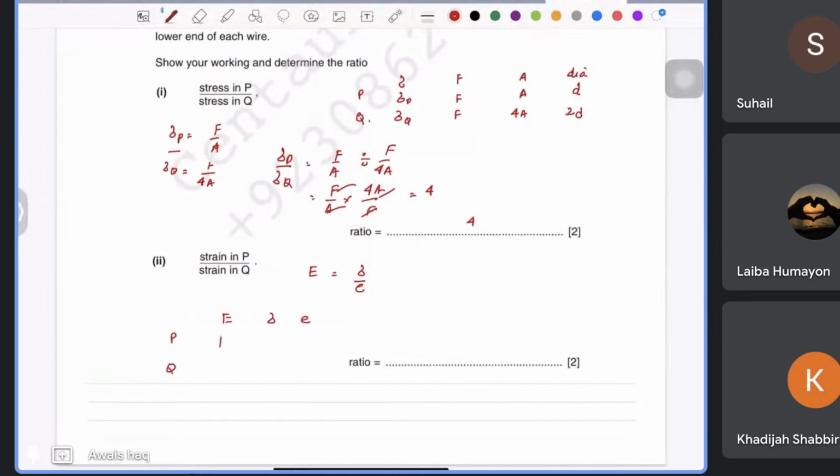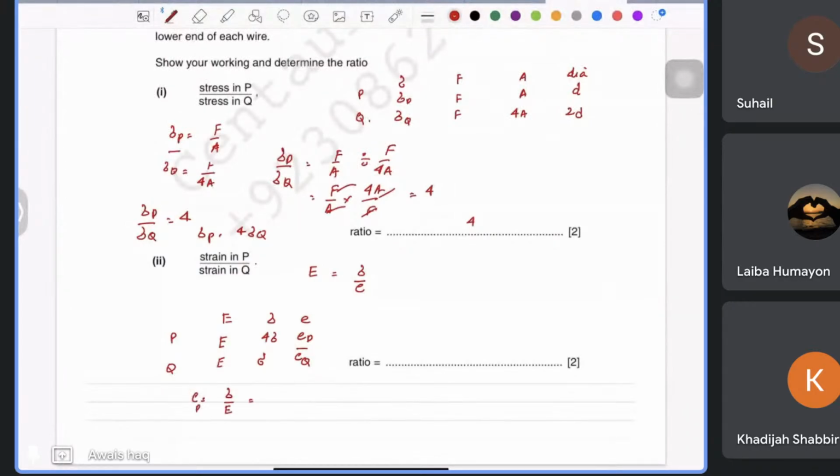So both have the same material, so Young's modulus stays the same. Stress in P over stress in Q was 4, which means stress in P is 4 times the stress in Q. So if P has 4 times the stress of Q, we got to find the strain in P over strain in Q. So now you can use the formula, strain would be stress over Young's modulus, right?